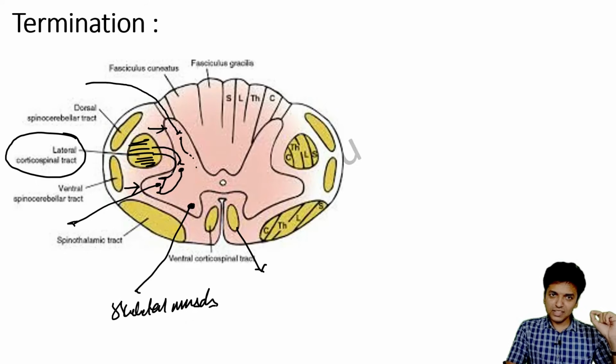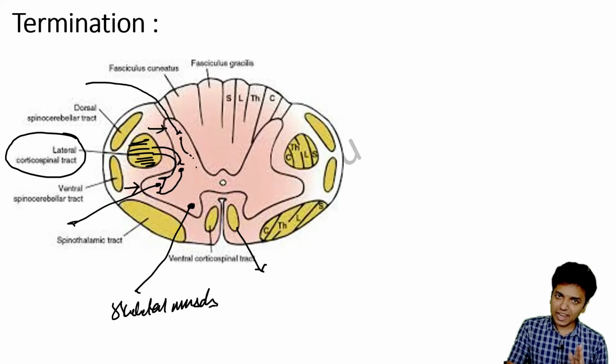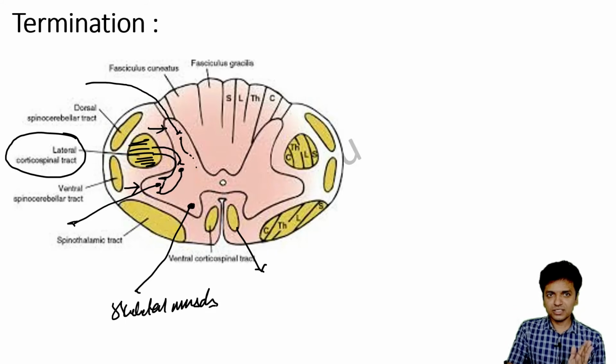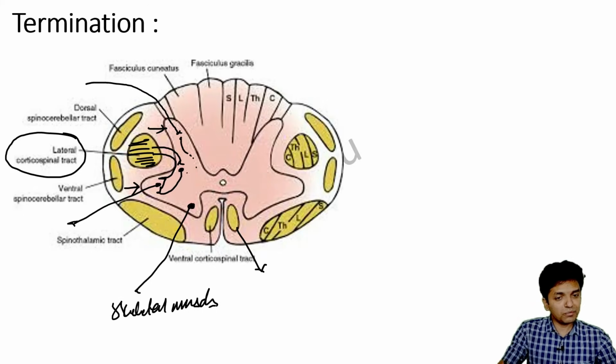One, termination can occur directly onto the alpha motor neurons situated in the lateral part of the ventral gray horn. Second, termination occurs on the interneurons, and these interneurons ultimately terminate on the alpha motor neurons.